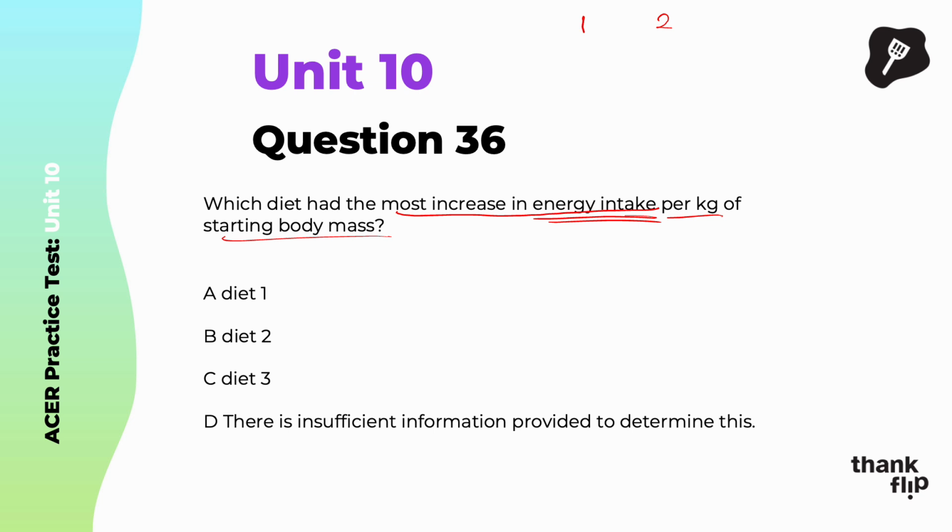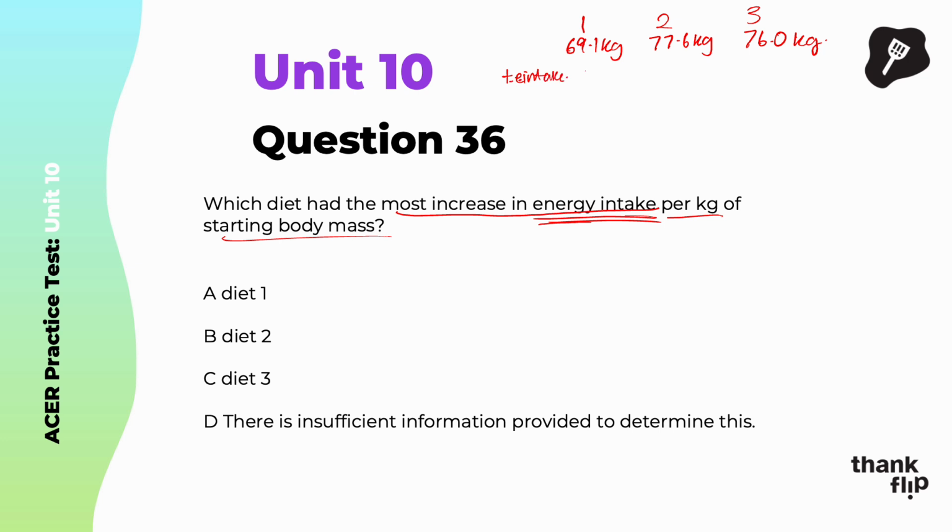So diet 1, 2, and 3, the starting body masses were 69.1 kilograms. Then we had 77.6 kilograms. And we had 76.0 kilograms. And now we're looking at the intake, the energy intake. So we're going to just look at the total energy intake.